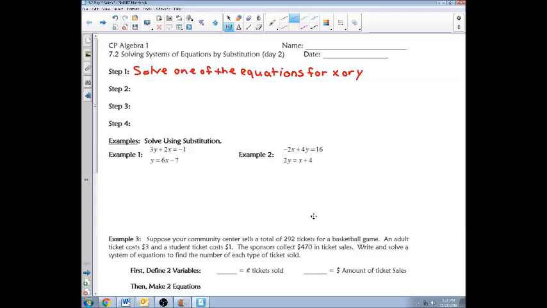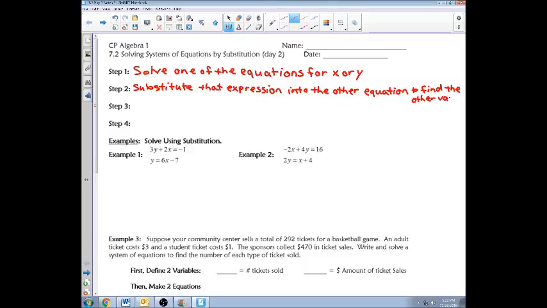Step 2 is to substitute that expression into the other equation and find the other variable.